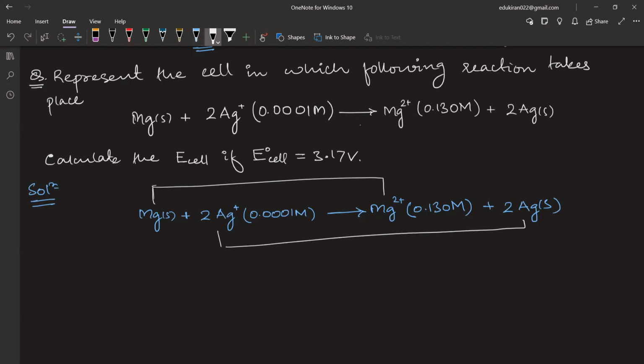Now first of all, can you identify whose oxidation is taking place and the reduction couple? Oxidation couple and the reduction couple, tell me. Can you see, Fatima, Sara and Wafia?